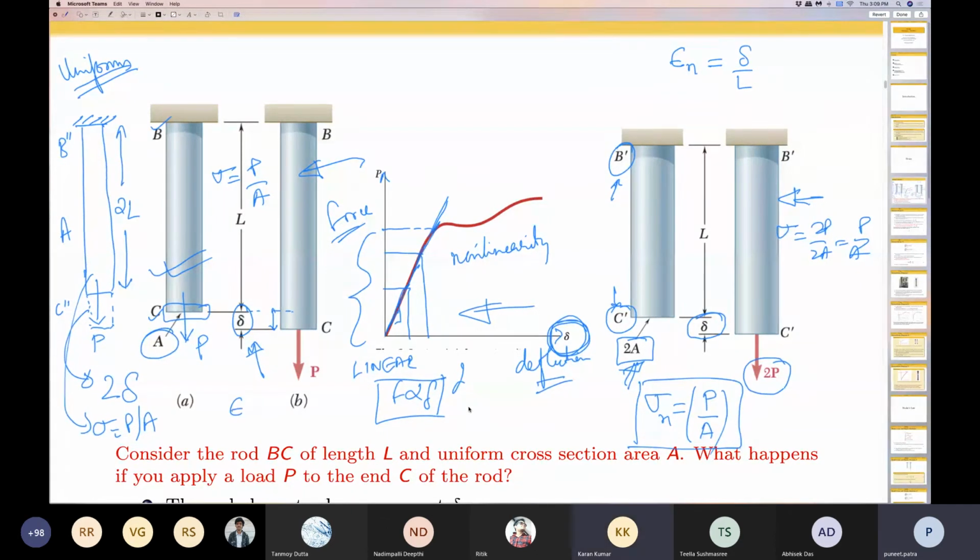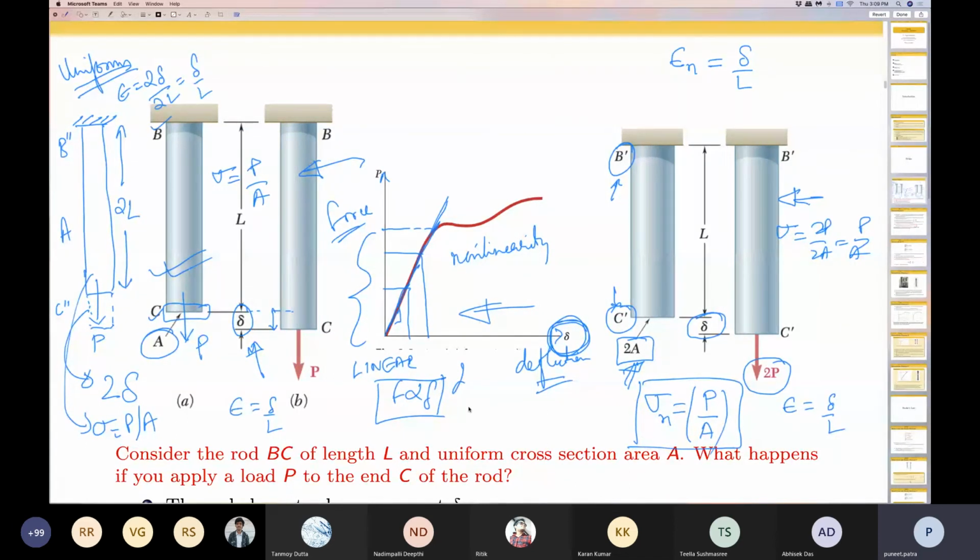The quantity epsilon for bar BC is going to be equal to delta by L, which is the change in length by original length. The quantity epsilon for bar B dash C dash is also going to be equal to delta by L. And the quantity epsilon for a bar which is B double dash C double dash, that is the bar which has double the length, is going to be equal to 2 delta by 2L, which is also equal to delta by L.